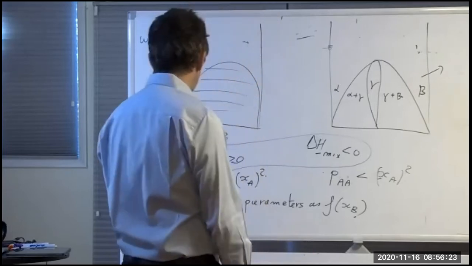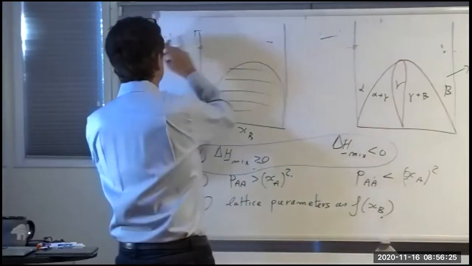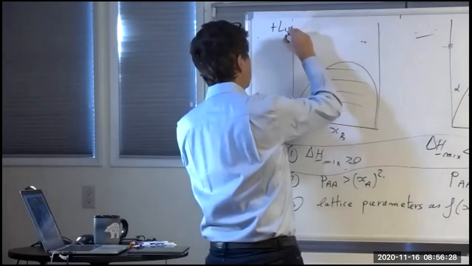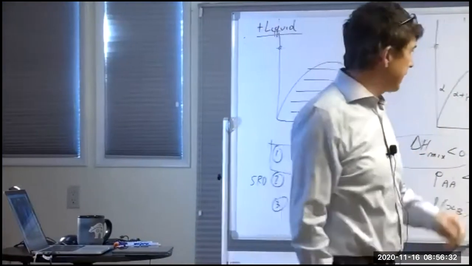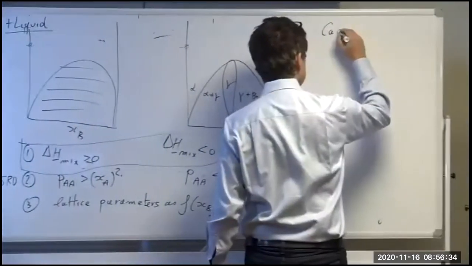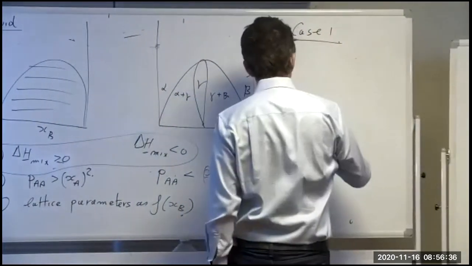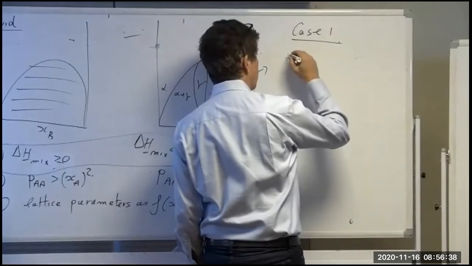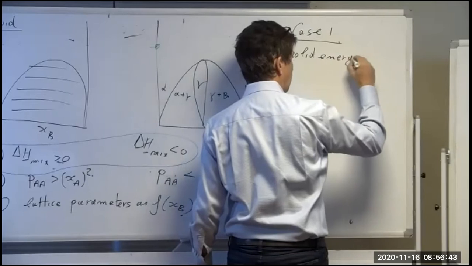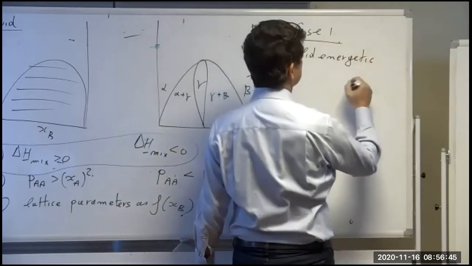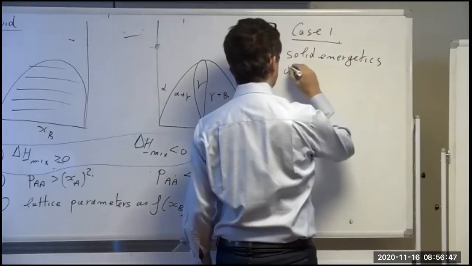So let me first do the case. We're going to add the liquid. So case one is where the solid energetics, all the behavior in the solid, is well separated from melting.